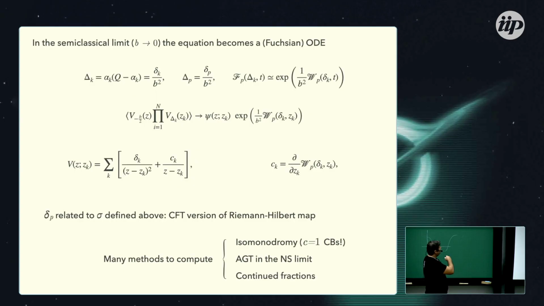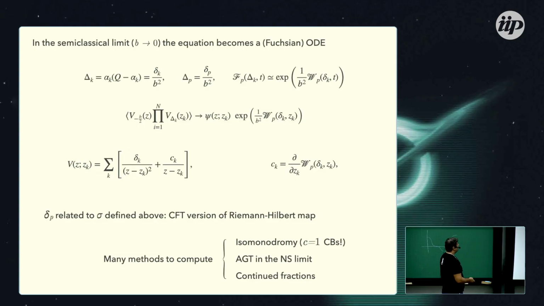So in order to relate what I wrote before, I'm going to take the semiclassical limit of this. So I'm going to take the limit of b equals 0, where these conformal dimensions also diverge, but they diverge in this scaling limit, and also the internal dimension diverges like this.